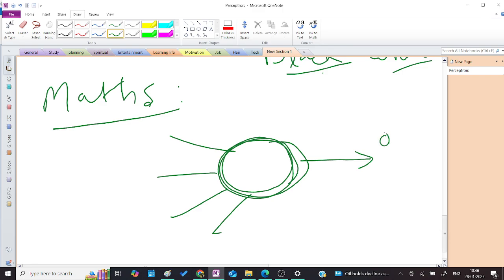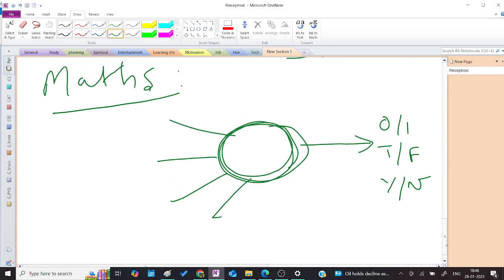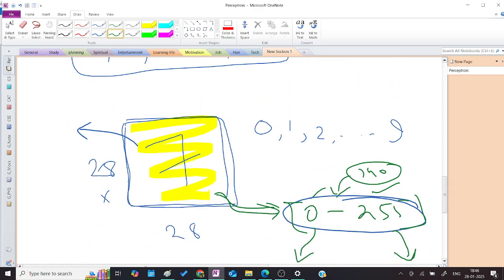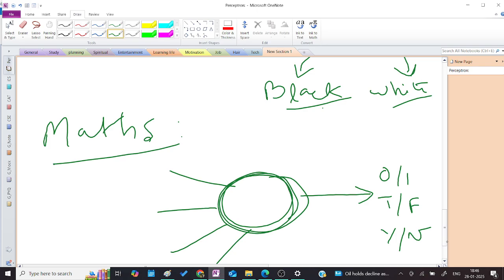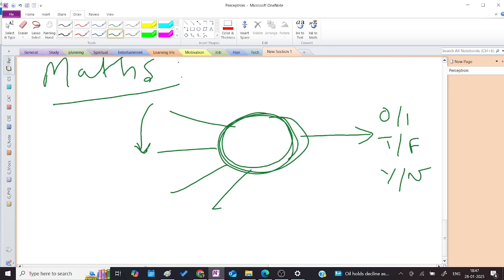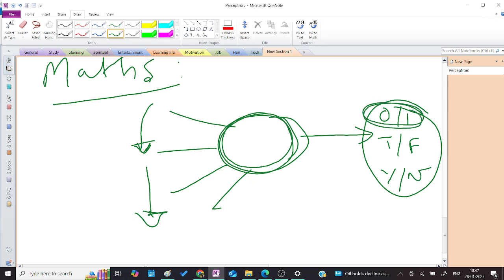And this output can be 0 or 1, true or false, or yes or no. For example, if we are checking whether a given image is either a 7 or not a 7, then we will pass all the pixel intensities as its input, and will find whether our output is 0 or 1.